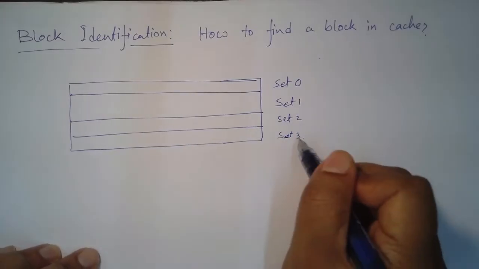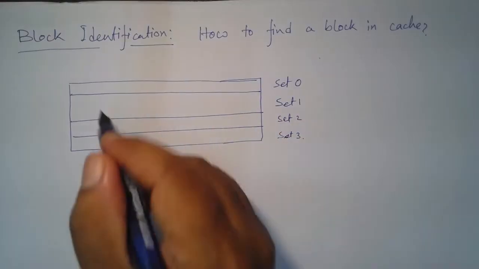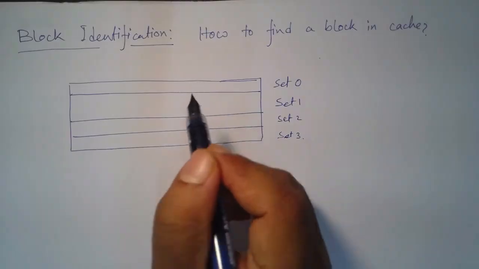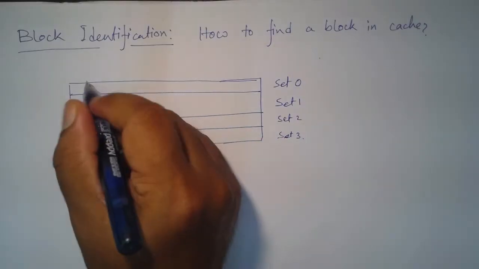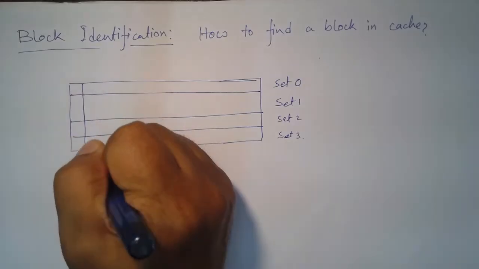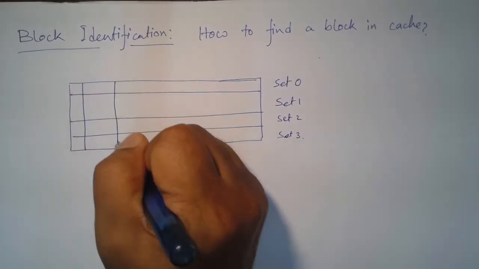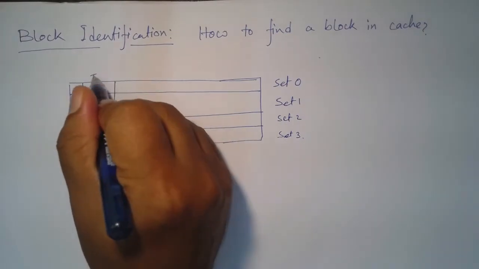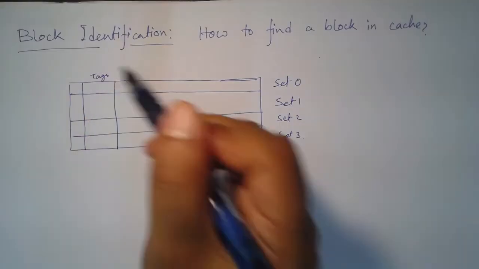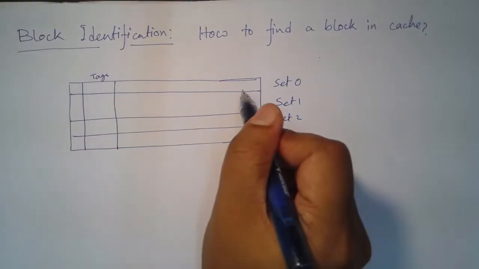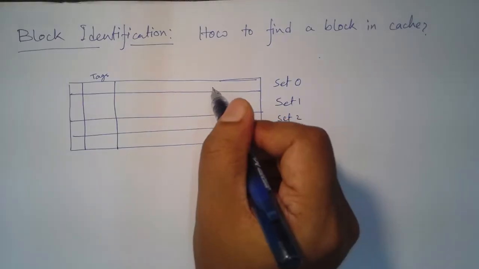So basically each set is only having one block. Now how do you identify the different blocks? To identify these different blocks, you will have something called a tag. And then this is where the different blocks of data will be.